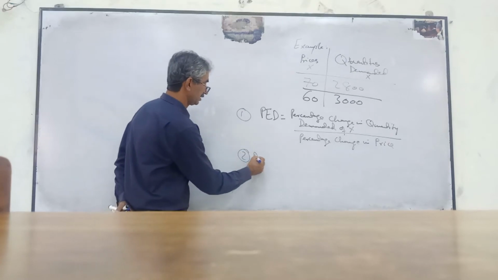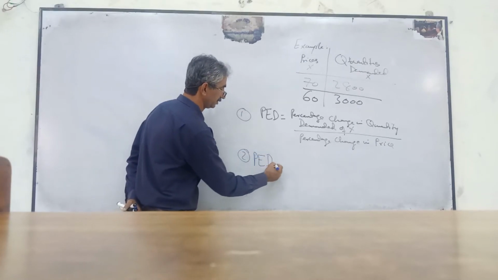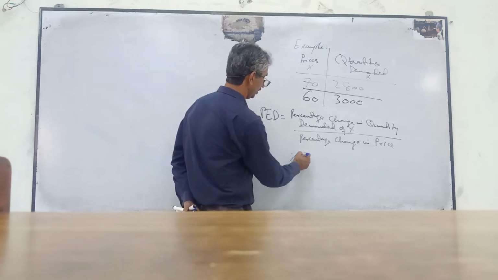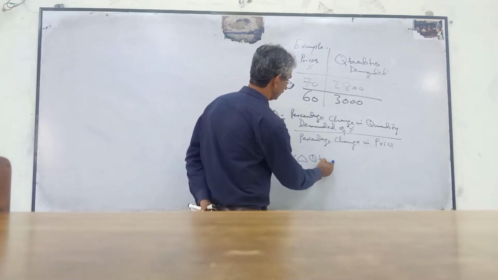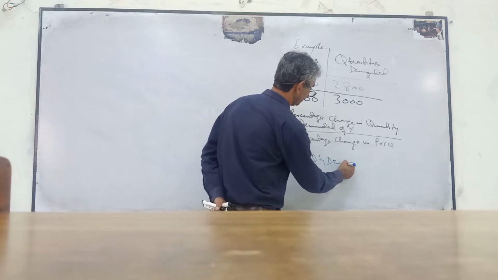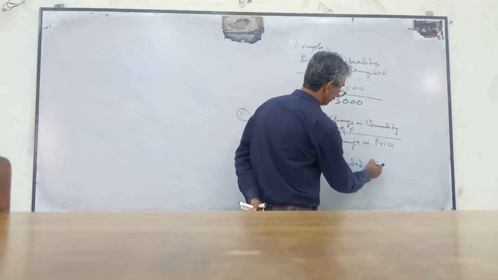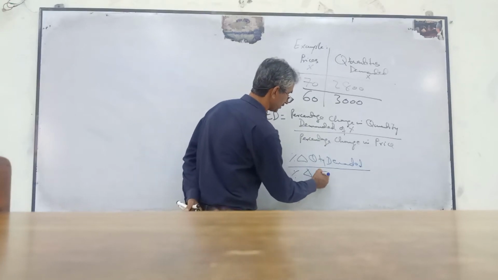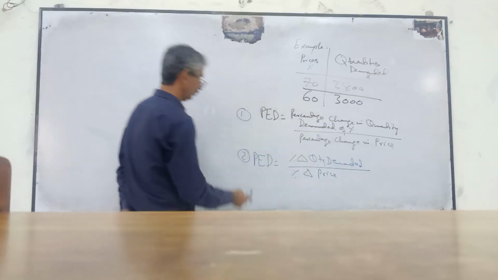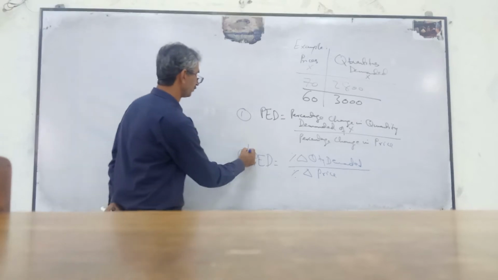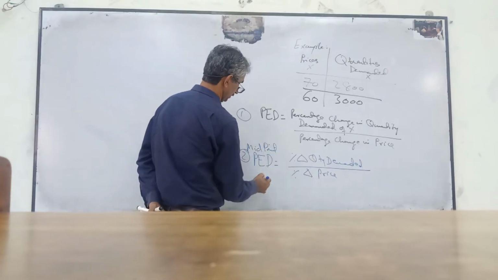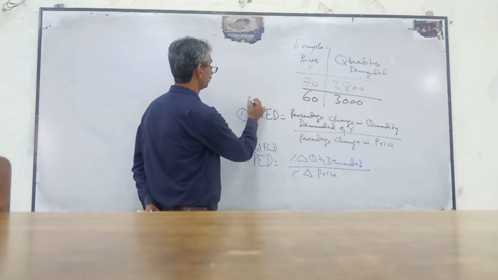The price elasticity of demand equals percentage change in quantity demanded divided by percentage change in price. We use the two formulas, the midpoint formula and the percentage formula.